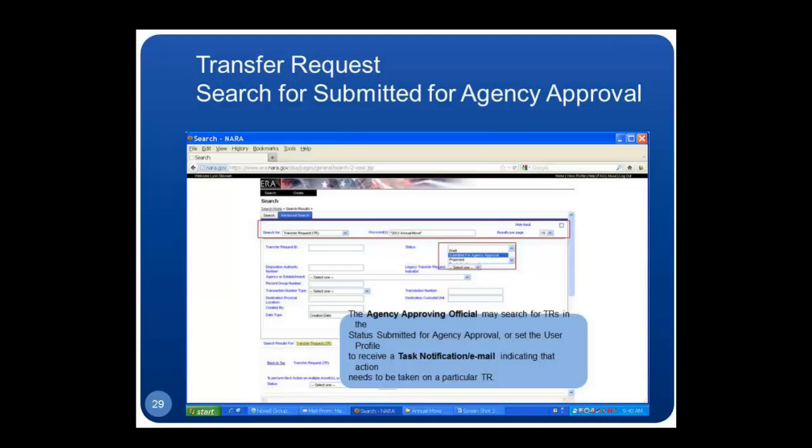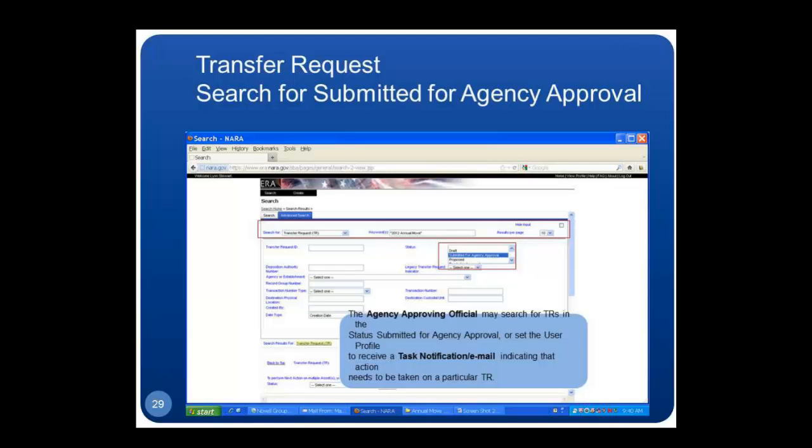System-generated notifications are an option for agency users. That may be something that would facilitate and help workflow in certain situations, but I would also caution that there are instances where the high volume of transfer requests, as Lynn described earlier, there are some agencies with hundreds or thousands of transfer forms.